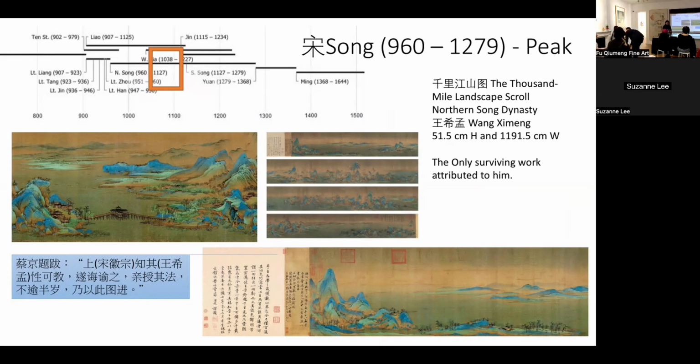It's very long, 11 meters long. It depicts complicated landscapes in very thick blue and green mineral colors, and it shows great technique in painting the mountains, trees, as well as the buildings.